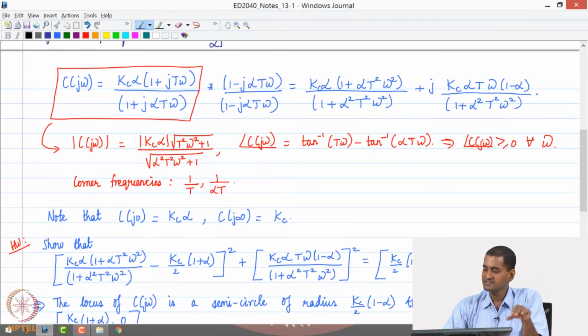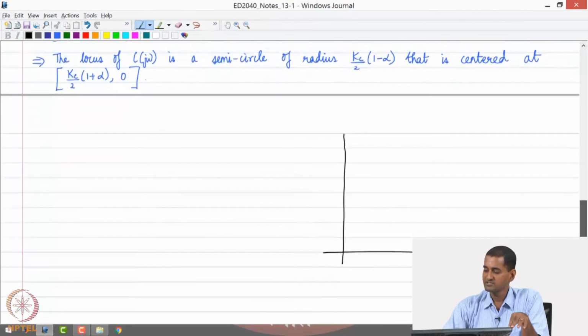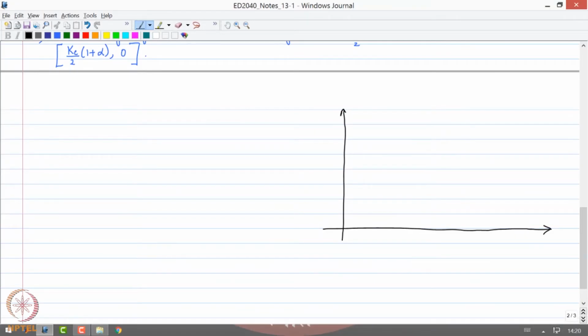As a result, the Nyquist plot of this particular function is going to be in the first quadrant in the complex plane. Let us call this complex plane the C(s) plane.